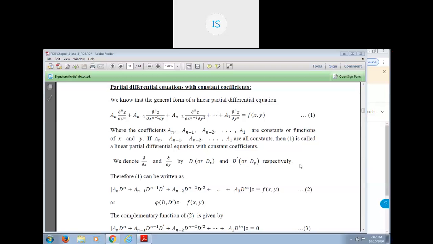P is what now? In the second order, see the form of the second order equation I have already given you. In that equation, p is what? Del z by del x. Yes, say loudly. Del z by del x, derivative of z.